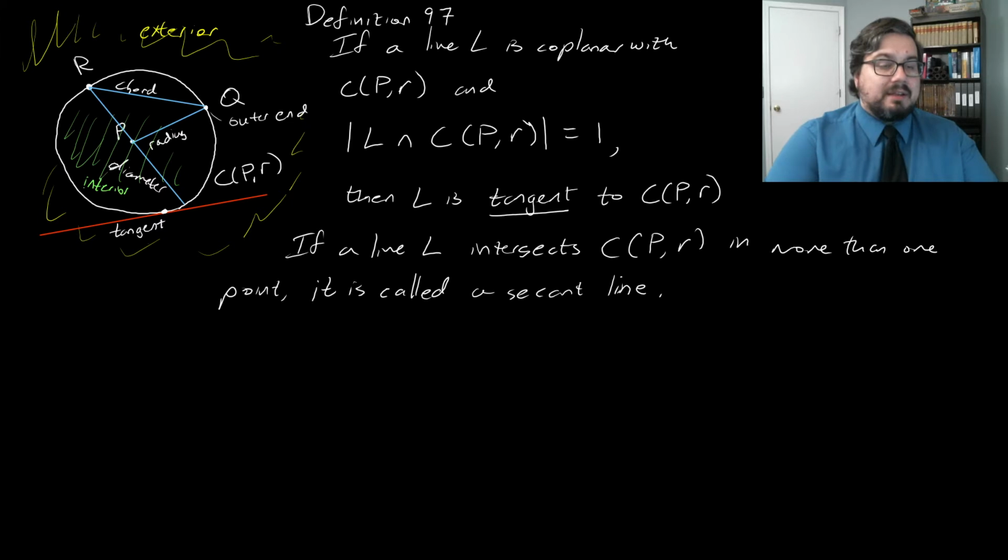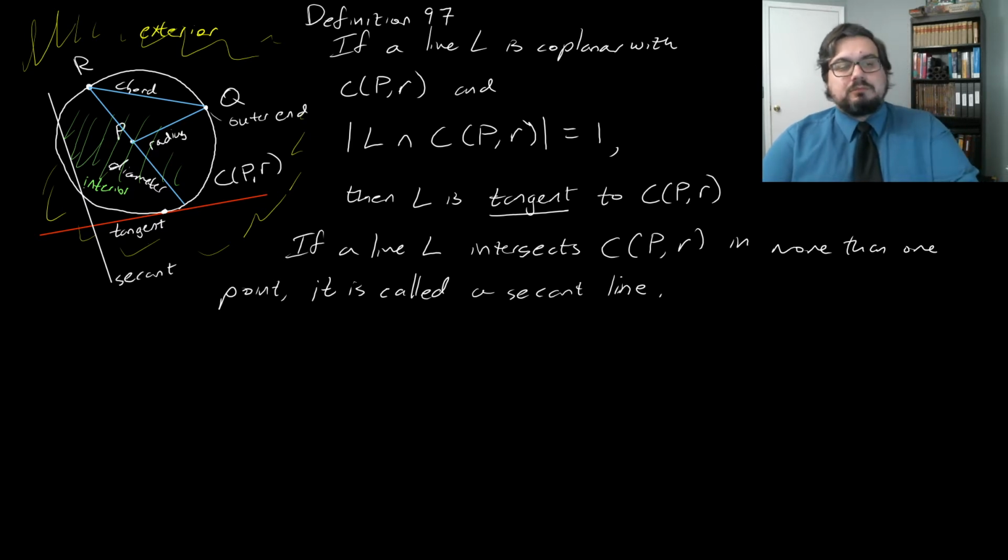So the red line here is a tangent line, whereas the white line is a secant line. So one that intersects the circle in more than 1 point.